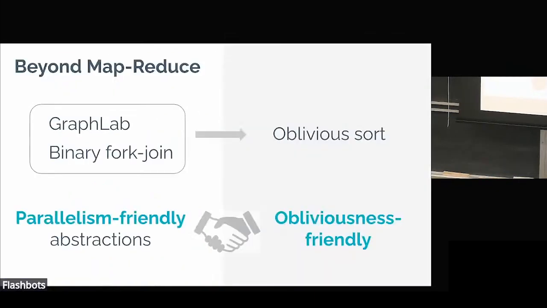Okay, so this is actually not a coincidence. We have a lot of insights about how to compile parallel algorithms to oblivious counterparts without going through the ORAM transformation. In general, the high-level intuition is that if your computation task is parallelism-friendly, so it can be efficiently expressed as a map-reduce program, or in the GraphLab abstraction, or in the binary fork-join abstraction, then we can compile it to an oblivious implementation without going through ORAM.